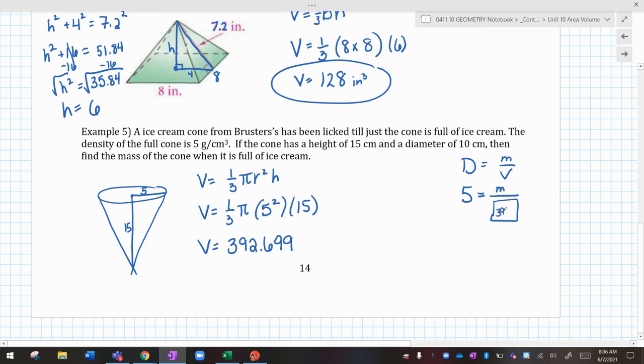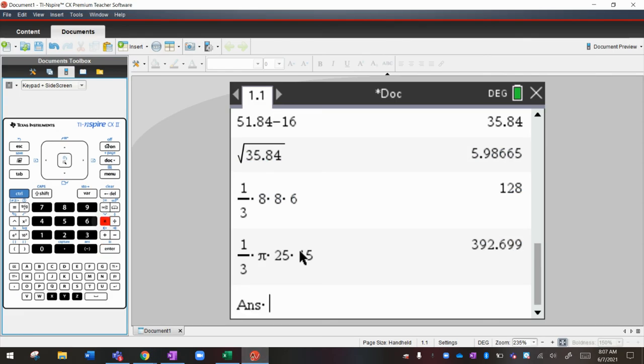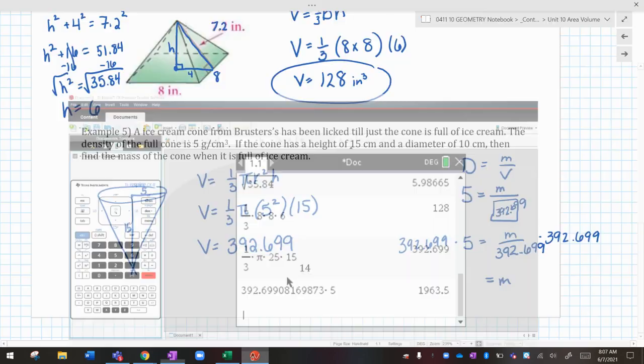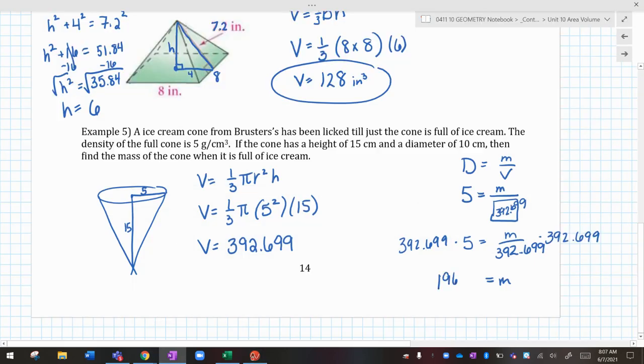So that's going to go here. And if 5 equals m over 392.699, if I multiply by that 392 number, I will get the mass of the cone: 1963.5. And that would be in grams.